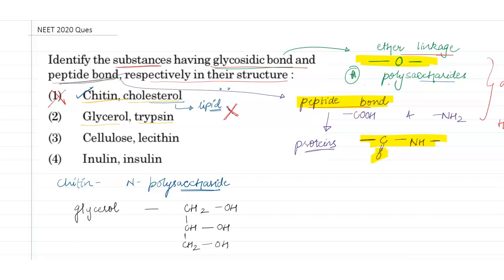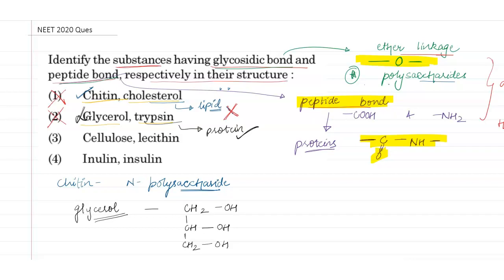This is the structure of glycerol, and we can see that neither the glycosidic bond nor the peptide bond is present in glycerol. Now trypsin is a protein, and therefore it will have the peptide bond. But since glycerol does not have a glycosidic bond, this option would be incorrect.